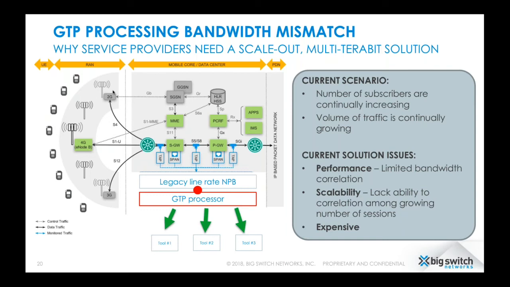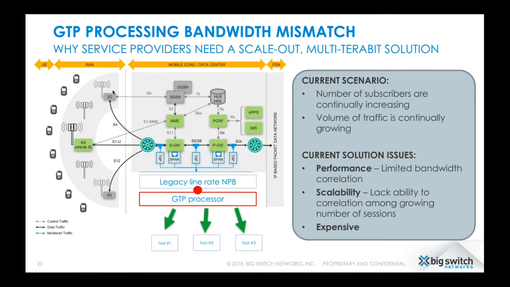Now, if you contrast this with the current GTP solutions in the market, when we've talked with our customers, they've told us three main points why these current solutions do not really help them. The first one is performance. Irrespective of the interface bandwidth that's available, the GTP correlation throughput is way, way lower than the interface bandwidth.